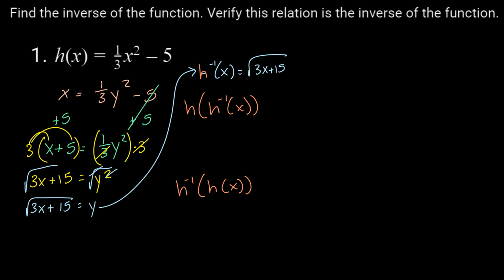So h inverse is going to replace x in our original function. So our original function was 1/3 x squared minus 5. But what are we replacing that x with now? The h inverse, right? That's square root of 3x plus 15. We're putting the inverse function into the original function for x.